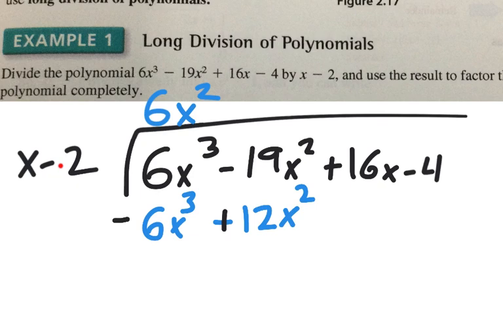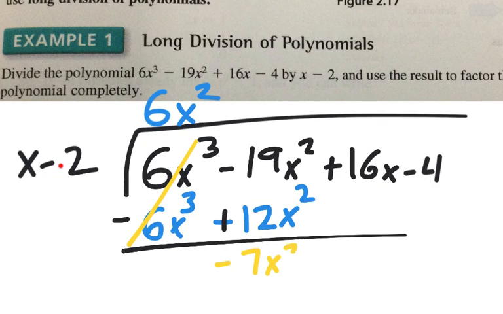Because if I'm subtracting all of it, I'm essentially changing the signs. So the 12x squared became positive. Now, 6x cubed minus 6x cubed cancels, and I'm left with negative 7x squared. And now I'm going to bring down my next term.